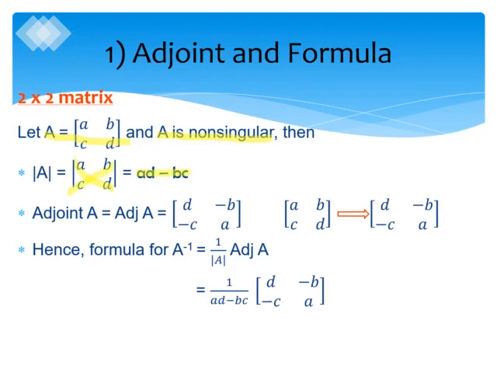And then we have to find the adjoint. Usually we just write ADJ for adjoint. To write down the adjoint, we switch D with A, and for B and C we switch the positive and negative.